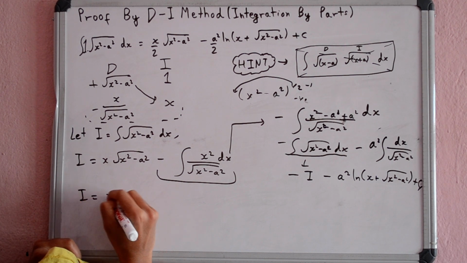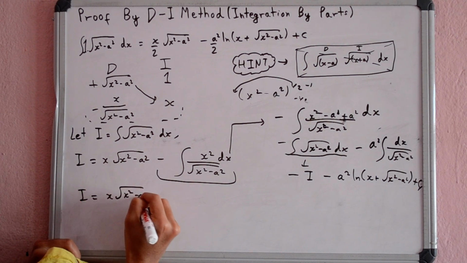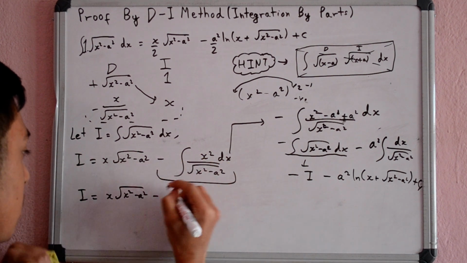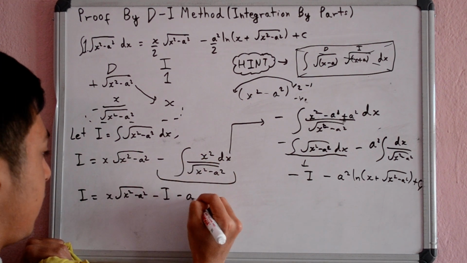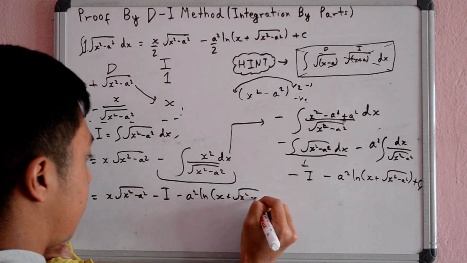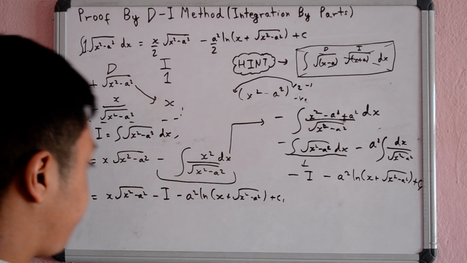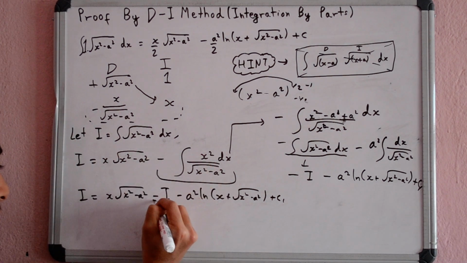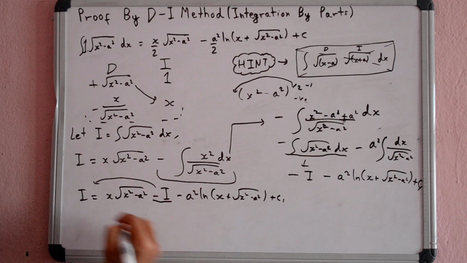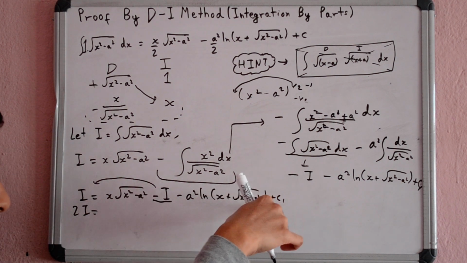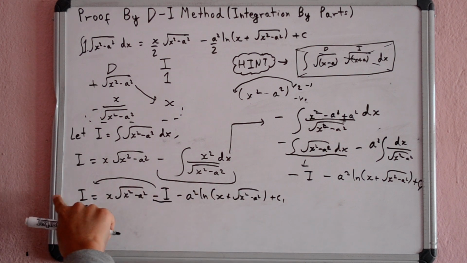Now let's just put it over here. I is equal to x root x square minus a square. Since we have taken minus this whole thing, this is just minus I minus a square ln x plus root x square minus a square plus c1. Now let's do some quick maths. This minus I you can put to the left hand side, so it becomes 2I equals this minus that plus that, and in the next step you just divide by 2.